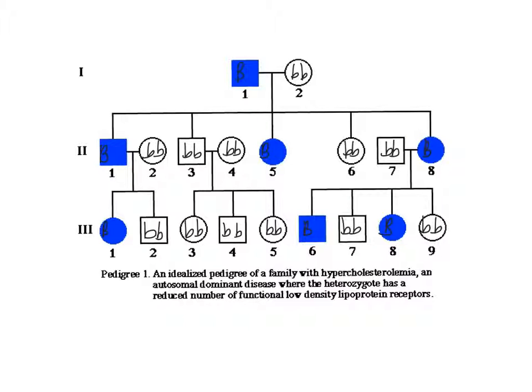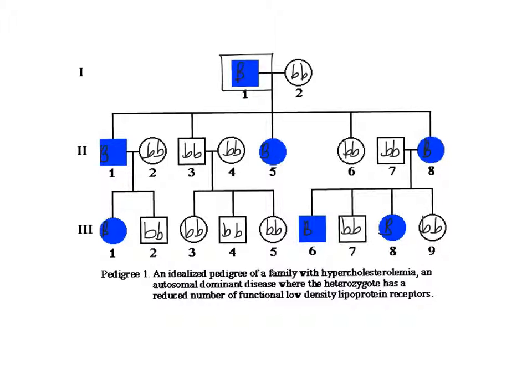And then from there, let's see if we can figure out if there's a little b hiding with any of those dominant individuals. How do we do that? Again, we look to see if they have a parent or a child that's little b, because that means that they either got it from their parent or they had to give it to their child.